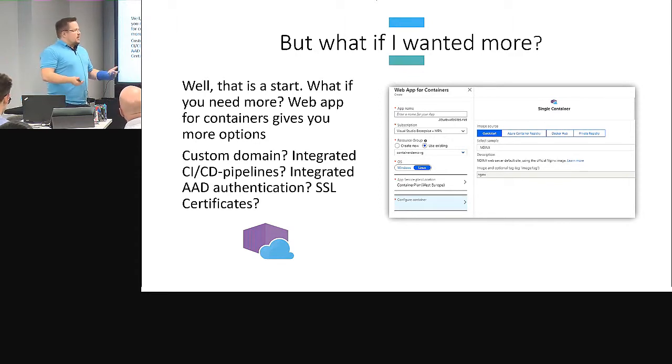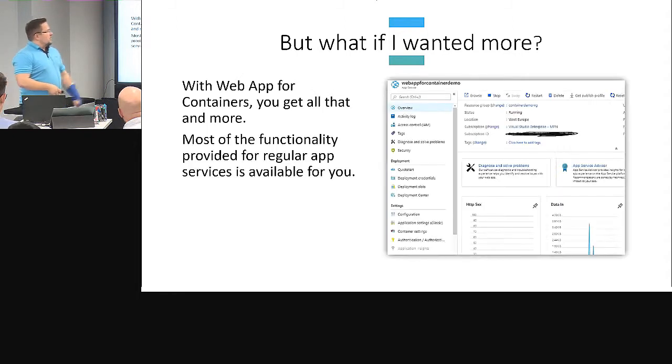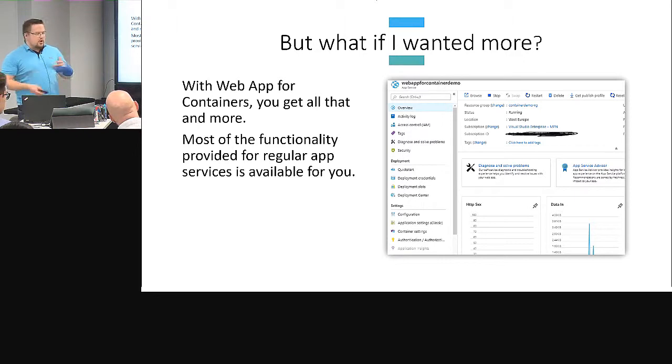As an application developer, you don't need to worry about that sort of thing at that point. And of course, custom certificates as well. And as we covered earlier, most of the functionality provided for regular app services is available for you. Some of them are limited, but those are going to be edge cases most of the time, which hopefully you won't need. And if you do need them, then this is not the solution for you.